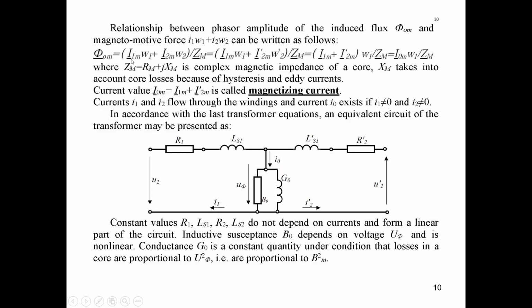So let's write it in such a way, over Zm, it's Rm plus jXm, the complex magnetic impedance of a core. Xm takes into account losses of the core because of hysteresis and eddy currents.